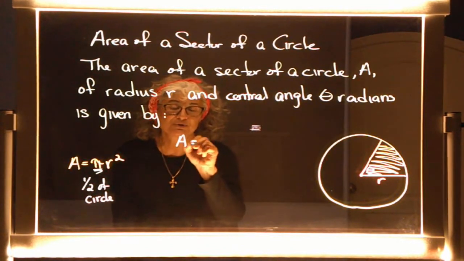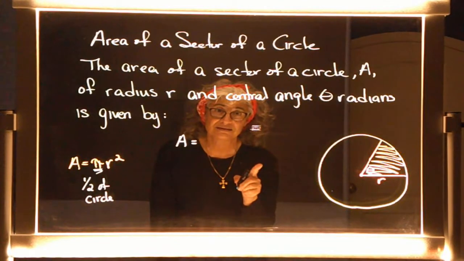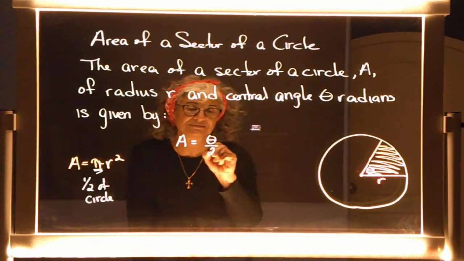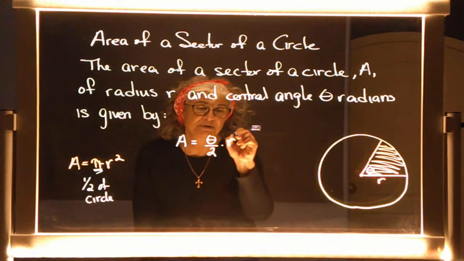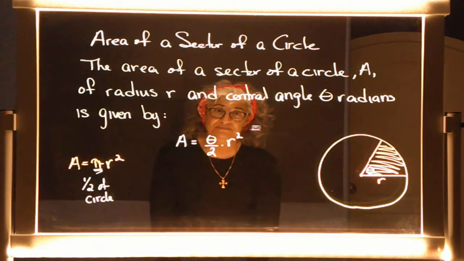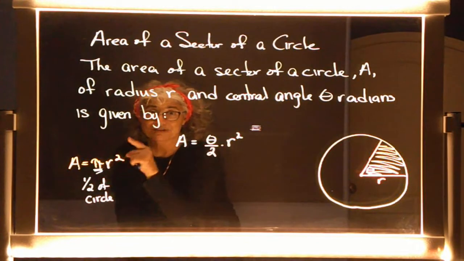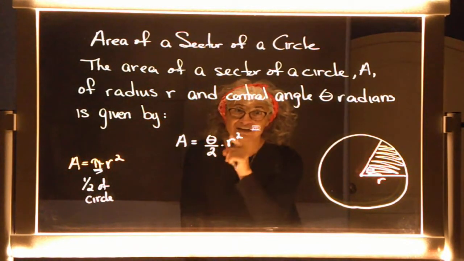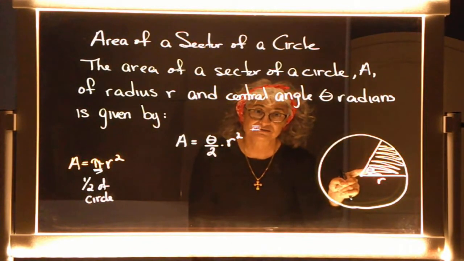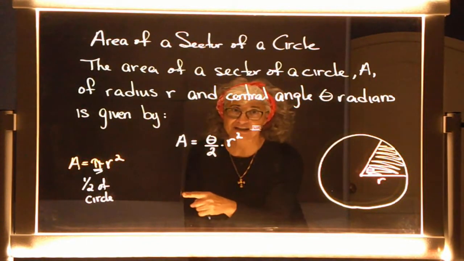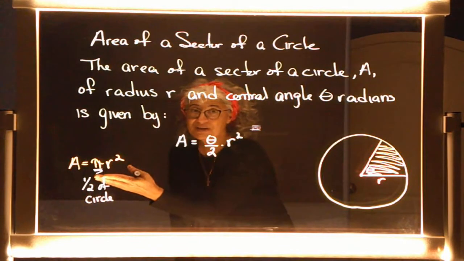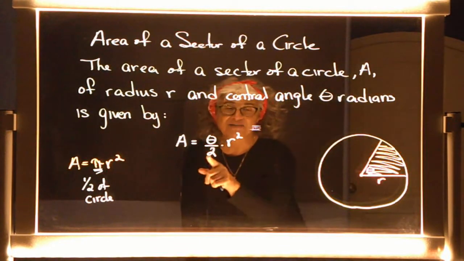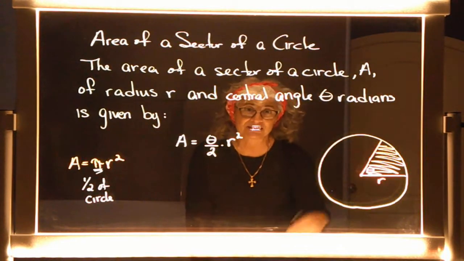I am going to take half of theta and multiply it by r squared. Pi was half of the circle. This formula said take half of your angle. It's the exact same formula, except one of them is for the full circle to find out the area of the full circle, and the other one is just for a piece of the pie.